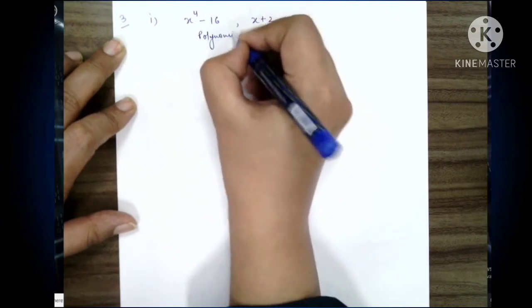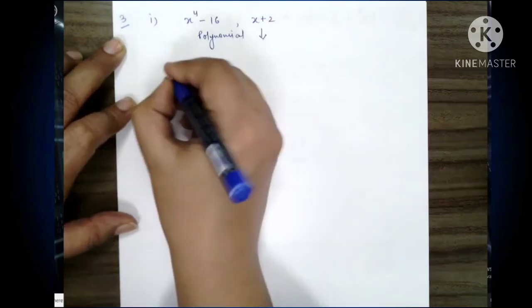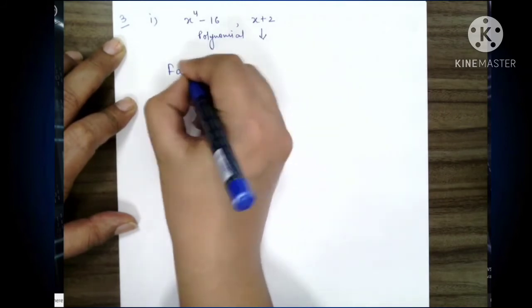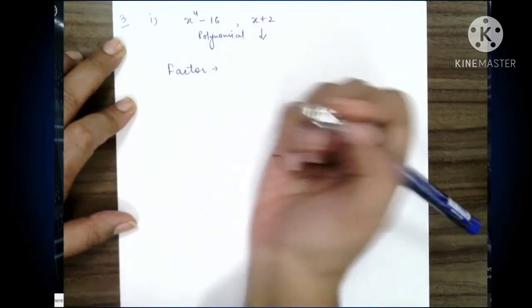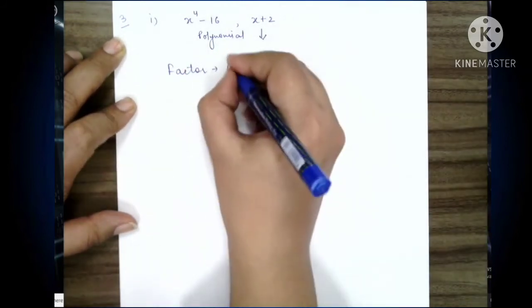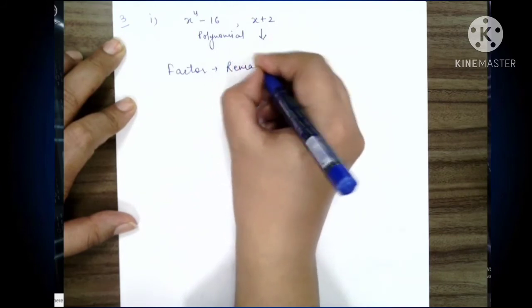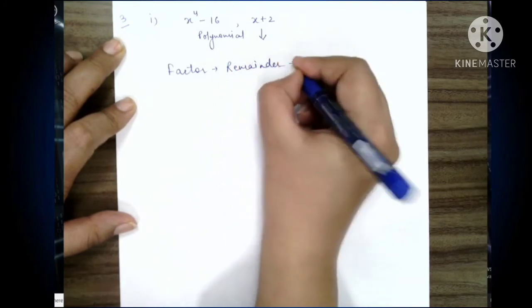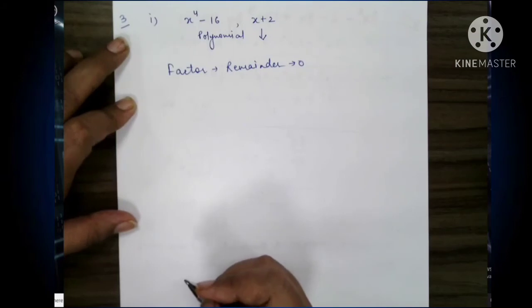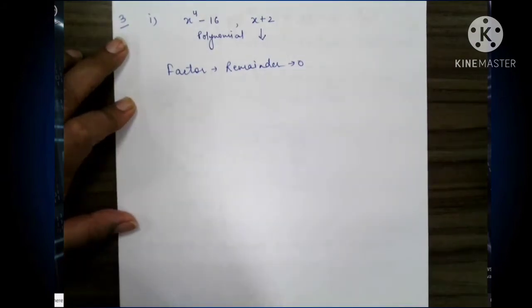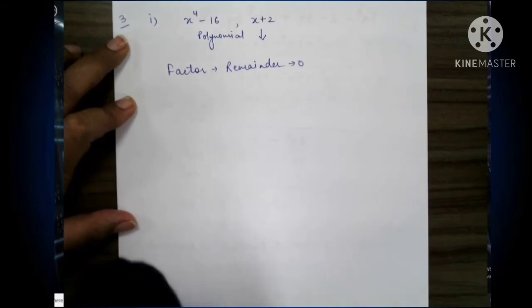Children, you know very well, what does factor mean? When it is exactly dividing, it means the remainder must be equal to 0. If by long division you are getting the remainder as 0, that means it is a factor, otherwise not.